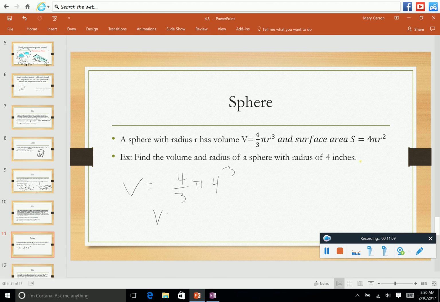And you get 268.08 inches cubed. And then the surface area is 4 pi 4 squared. So that would be 201.06 inches squared.